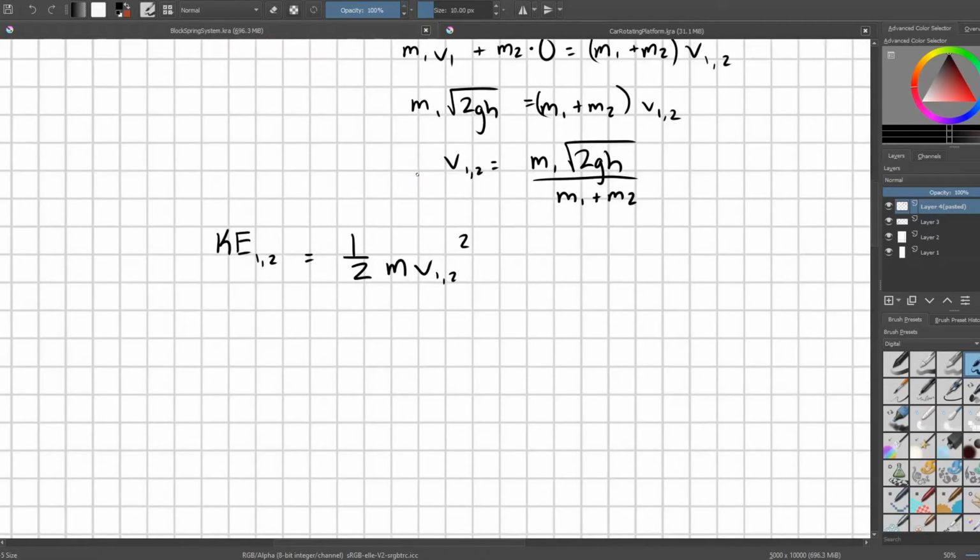So I'll go ahead and think about our substitutions. So this M of the entire system would have to be M1 plus M2, and we substitute in for V1,2, we put in M1 root 2GH over M1 plus M2, squared.